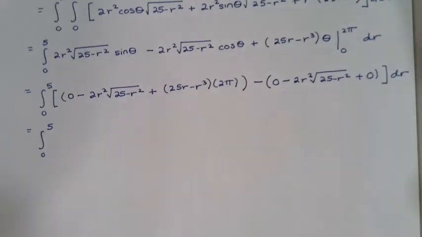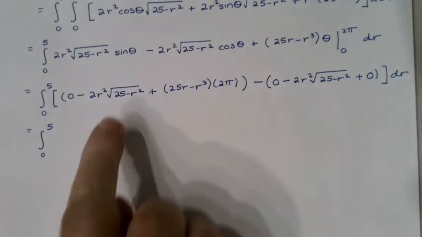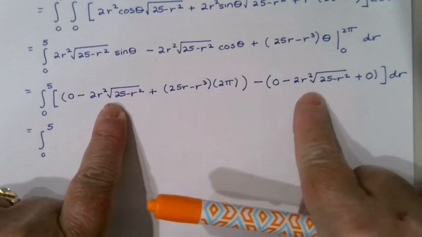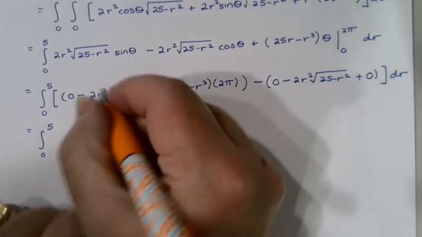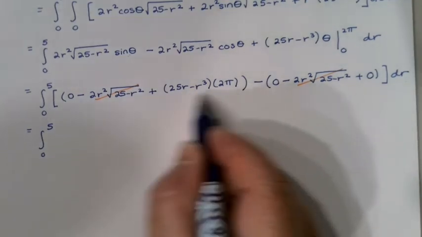All right, getting close now. I have these two terms that are identical, and it's this one minus that one, so that'll actually distribute and make that a plus. So those are going to add up to 0. And then the only other non-zero term I have is right here.